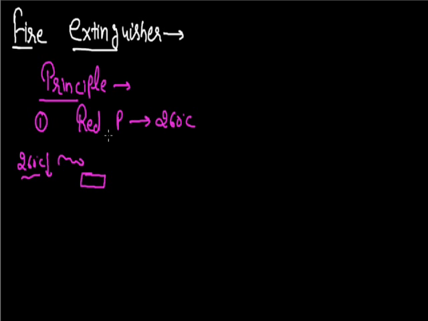Since the minimum temperature for burning is 260 degrees centigrade, the very first principle for the fire extinguisher is that by lowering the temperature below the ignition temperature, we can put off the fire. So this is the very first principle on which these fire extinguishers work.